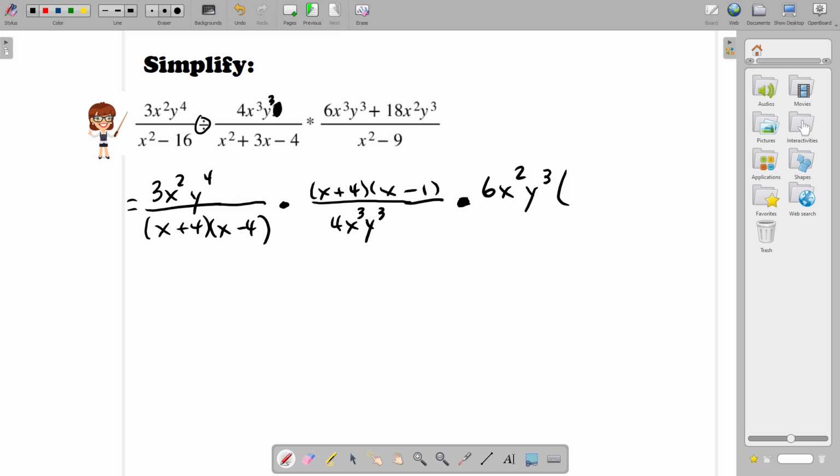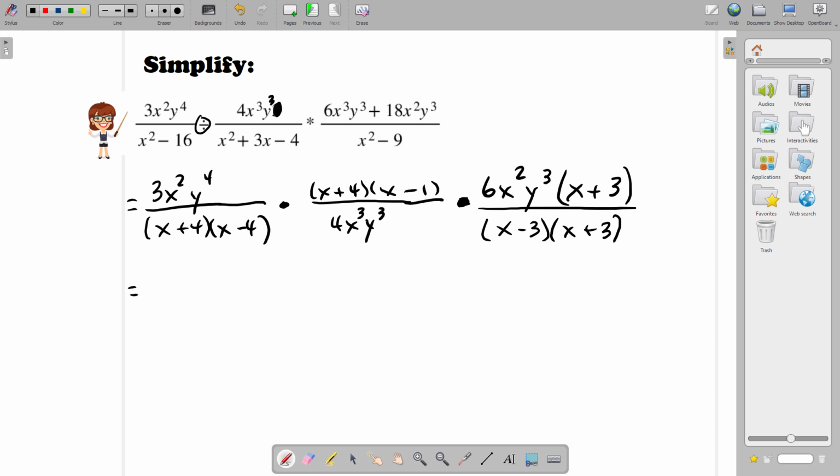And we are left with just an x plus, and we factored out 6. 6 will go into 18 3 times, and that's it. And then on the bottom, the difference of two squares again. You need to make sure that you can recognize the difference of two squares. You will see them over and over and over again. If you need help, go check out my video on the difference of two squares.